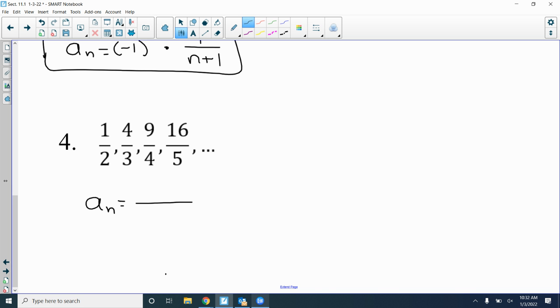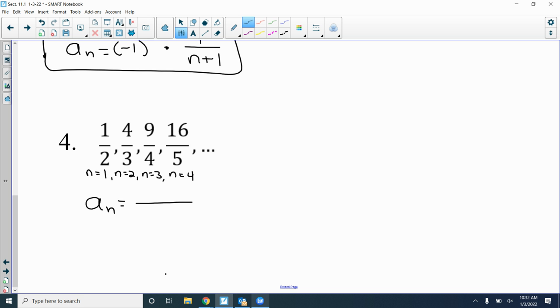So what's going to give you the numerator over what's going to give you the denominator? When you plug in n equals 1, you got to get 1/2. We plug in n equals 2, we get 4/3. N equals 3, n equals 4.